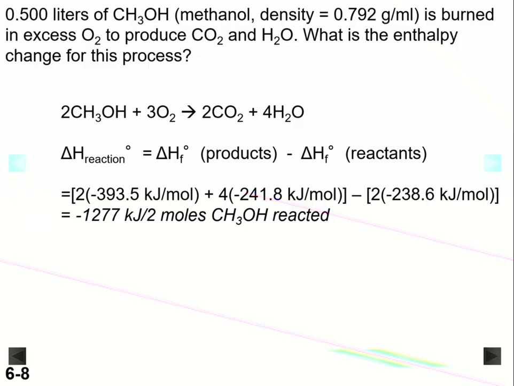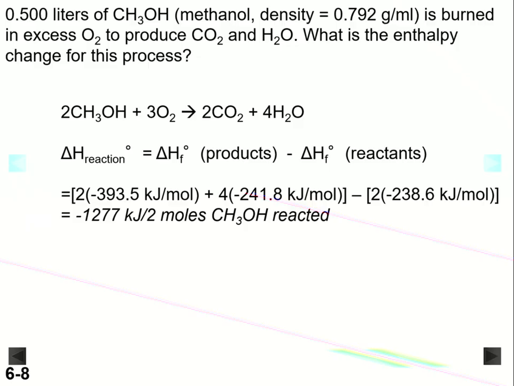That's our products enthalpy of formation. We subtract off the reactants. O2 is 0 as an element in its standard state. So we just take 2 times the enthalpy of formation of methanol.